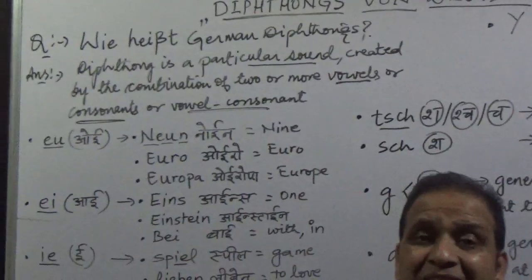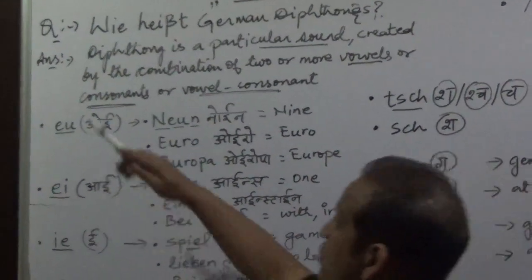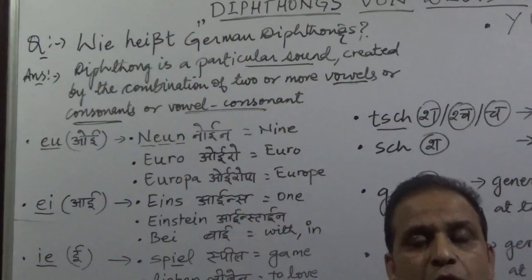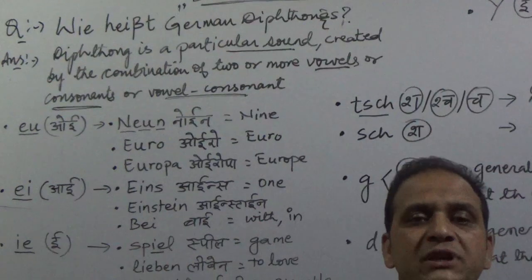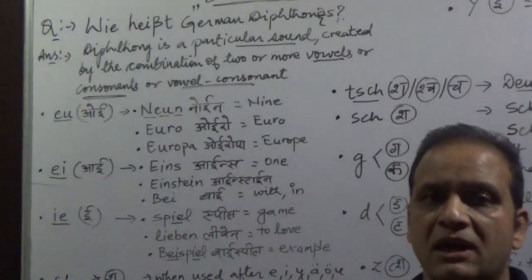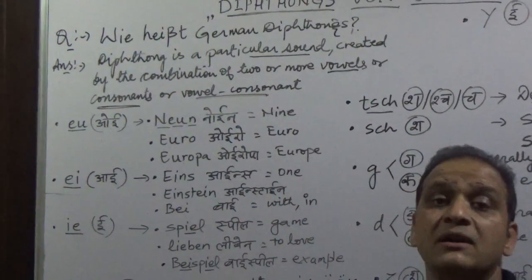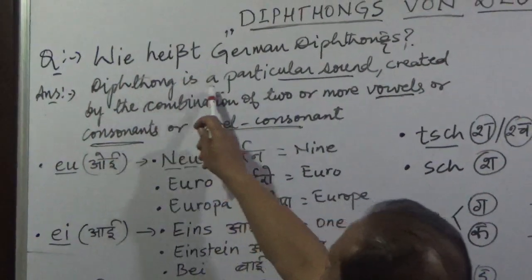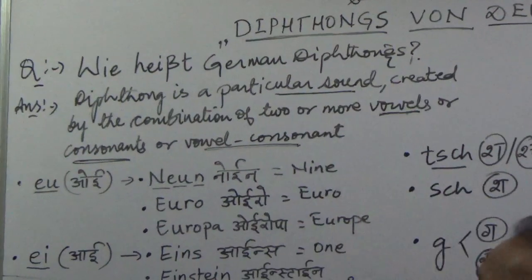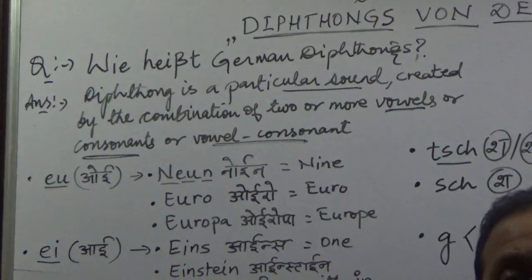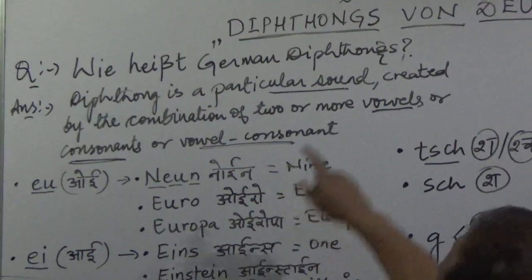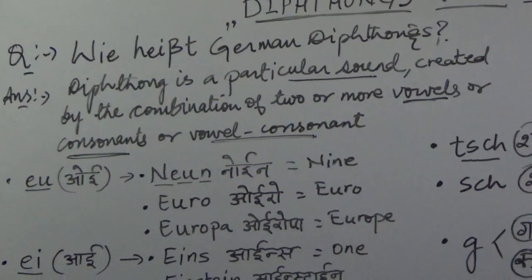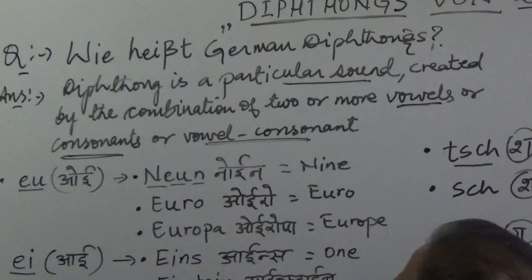Und es gibt eine Frage, there is a question: wie heißt German diphthongs? What do you mean by German diphthongs? Also, the answer to this question is: a diphthong is a particular sound, a special sound created by the combination of two or more vowels or consonants or vowel-consonants.